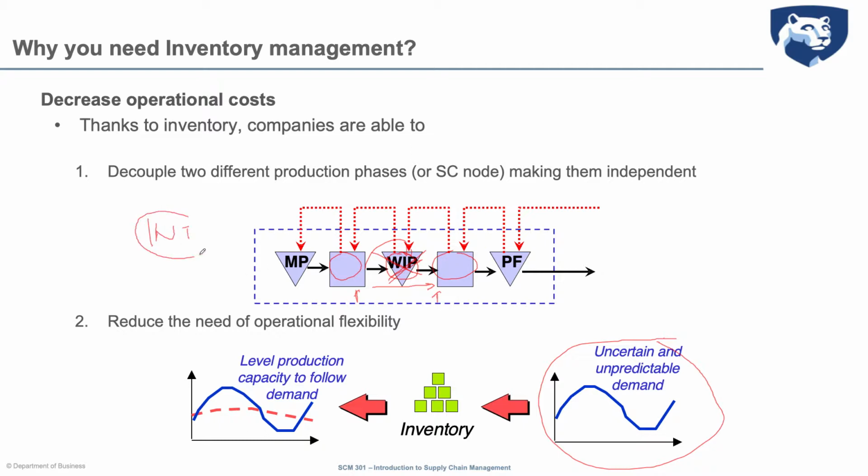Internal inventory, so inventory between different actors or different phases in the supply chain, allows us to decouple two different phases and so avoid the possibility of wasting resources. External inventory, which is the inventory near the final customer, decreases the need of the supply chain to be flexible.